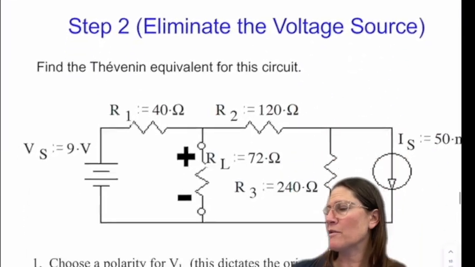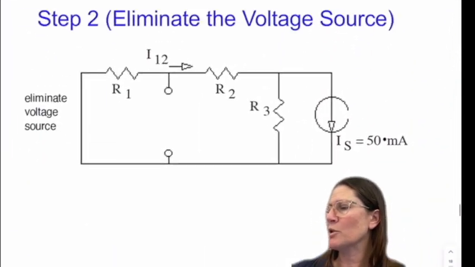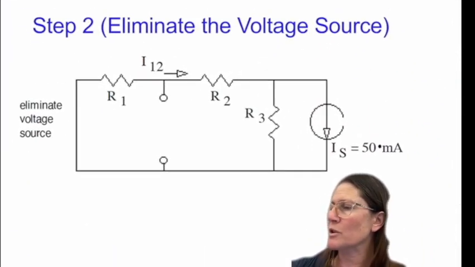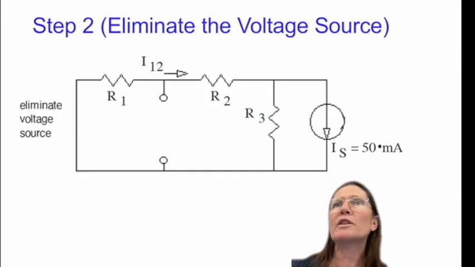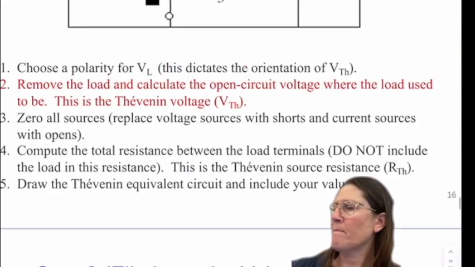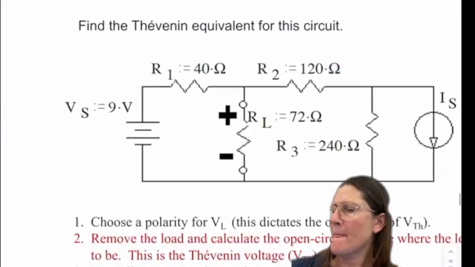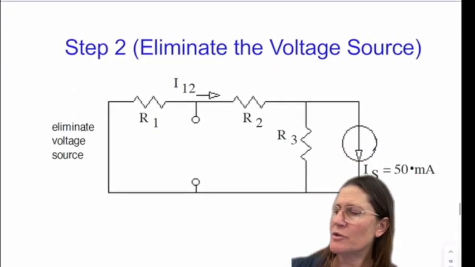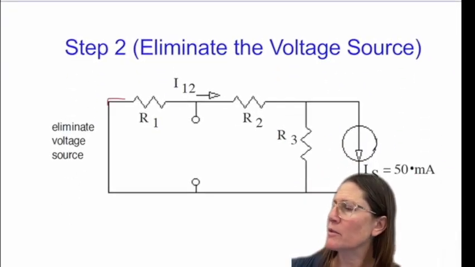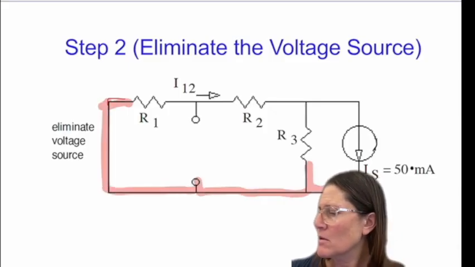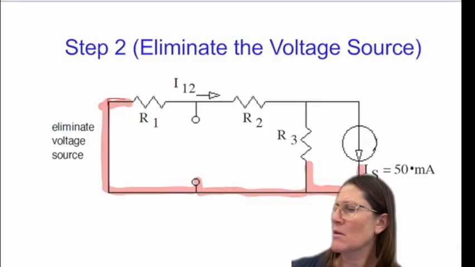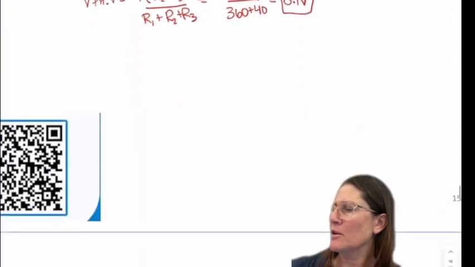So the next part of this would be to eliminate the voltage source and leave the current source. So removing the voltage source gives me a wire there. I used red, so green and blue.